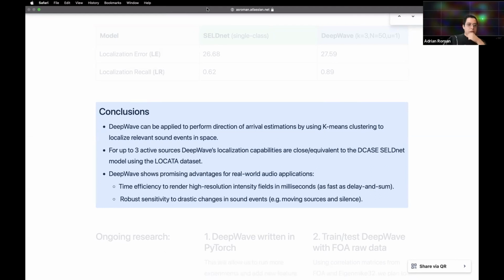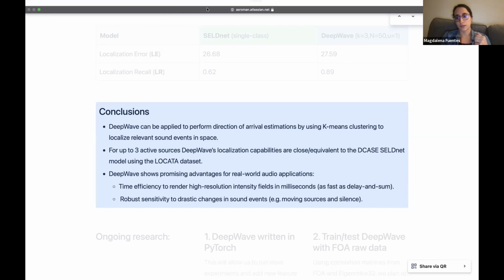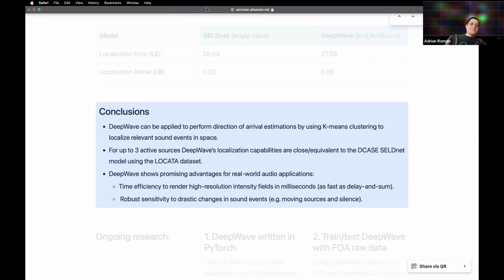Yeah, so I'm just wondering, maybe as a follow-up, that's a point to investigate, because you are using it to evaluate. DeepWave is so powerful that there are so many things I want to do. That's why I mentioned there's a lot of ongoing work. But I'm open also to any ideas. This is pretty cool.